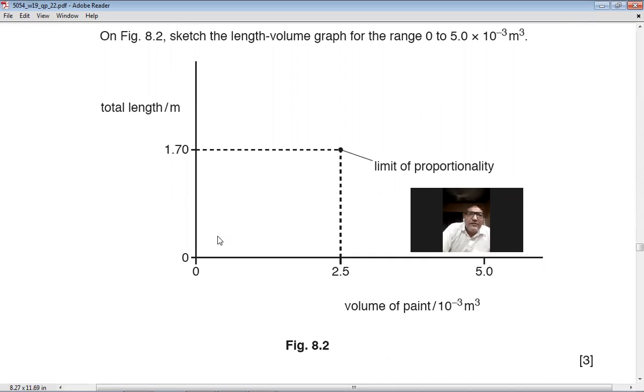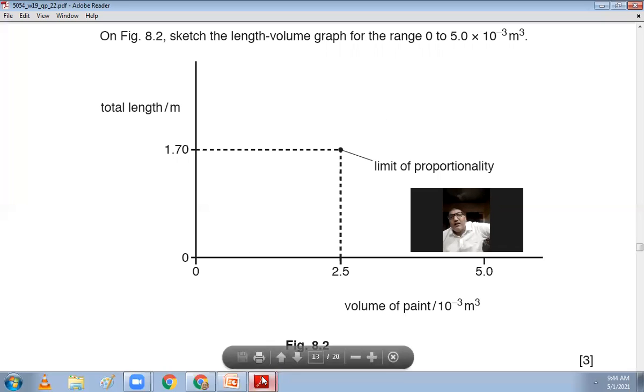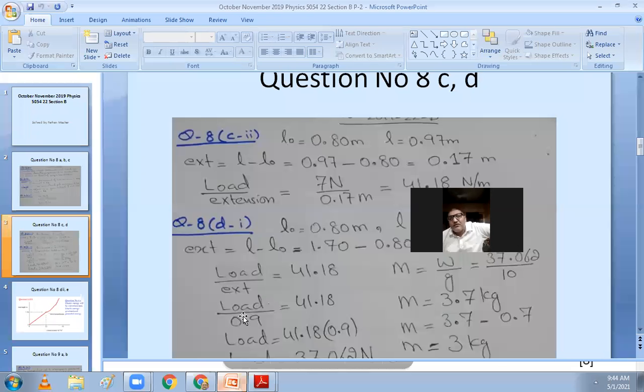So up till this point, the graph has to be a straight line. The length and the volume graph should be a straight line. So let me show you. I have done this.